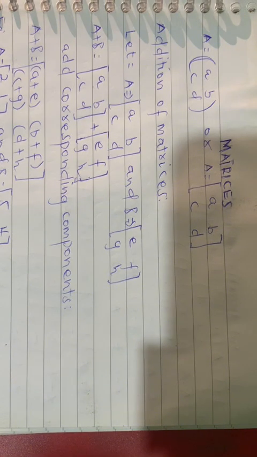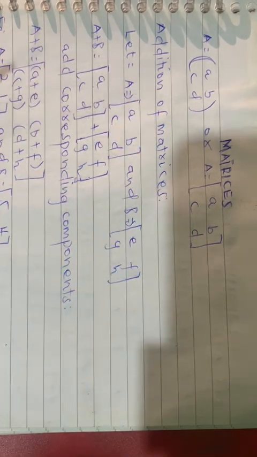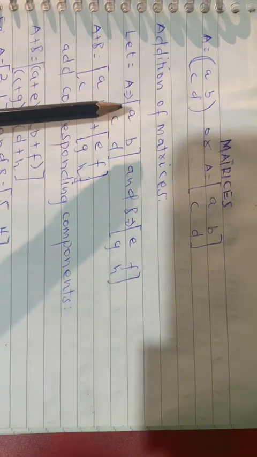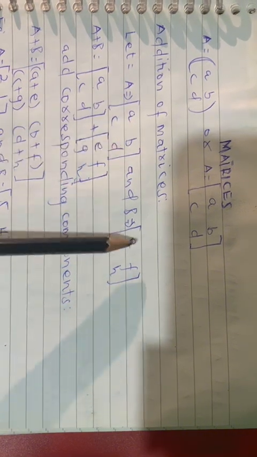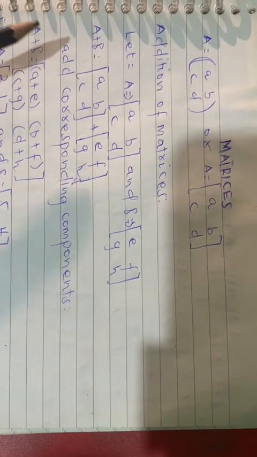Now, without wasting much time, let's talk about the operations on matrices, which is the addition of matrices. Let's say we have been given two matrices, A and B, and I have been asked to find the summation of A and B, that's A plus B. What are you going to do?